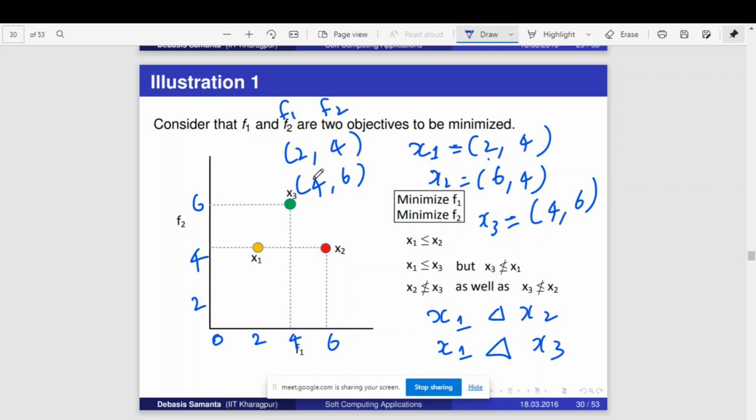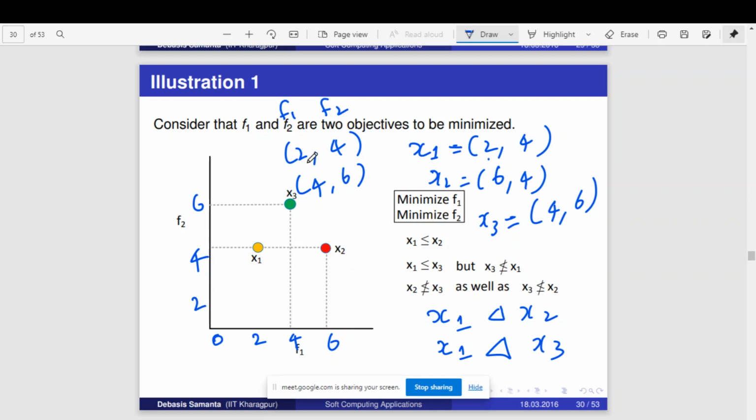Okay, so that is satisfied for both the cases. So 2 is no worse than 4. 4 is no worse than 6, right? Because the objective is to minimize. And what's the second condition? For at least one function.